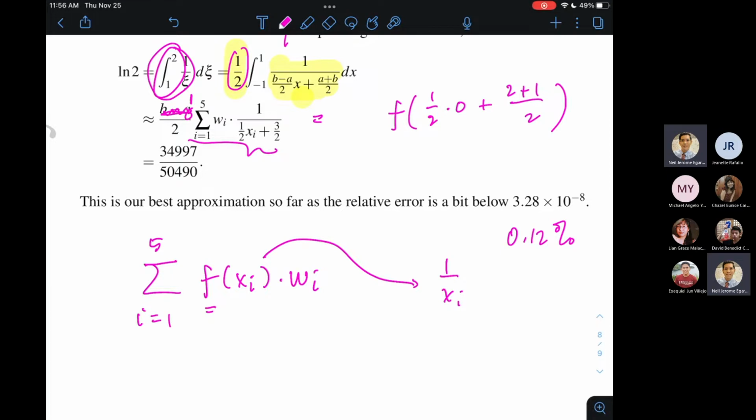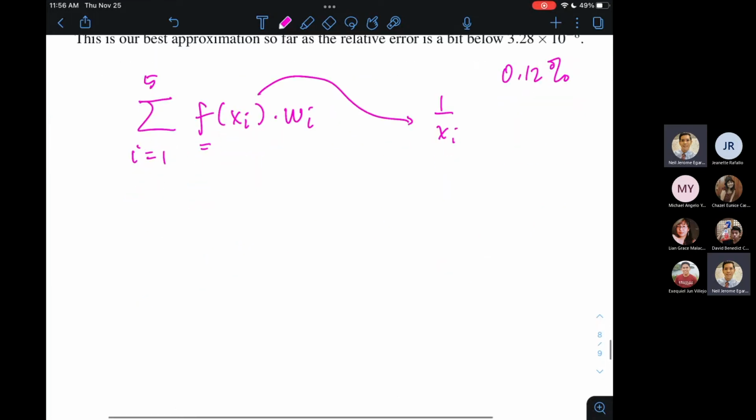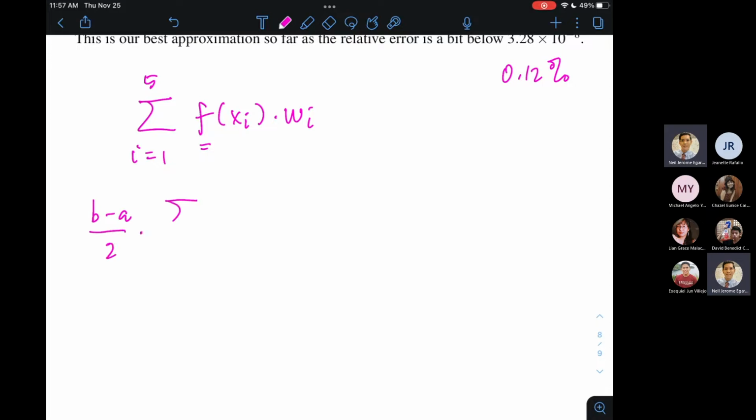So kailangan kong gamitin yung translation formula na natutunan natin mula sa change of variable last time: b minus a over 2 times summation from 1 to 5 ng weights times function value ng b minus a over 2 times t plus a plus b over 2. Alright? Kasi ito yung translation formula.